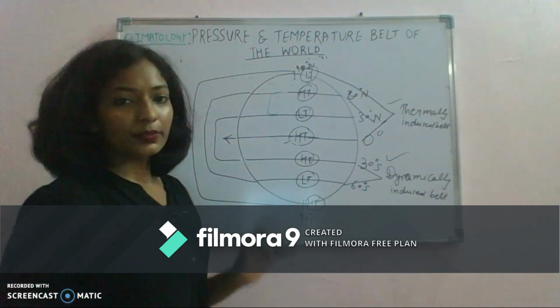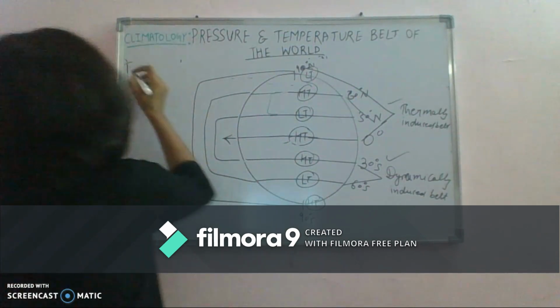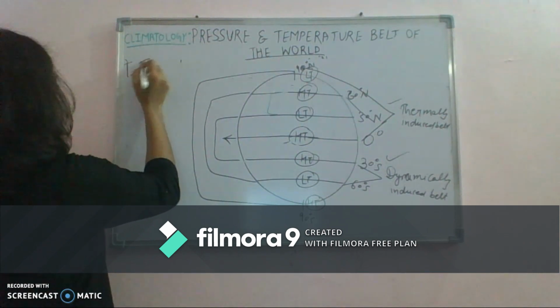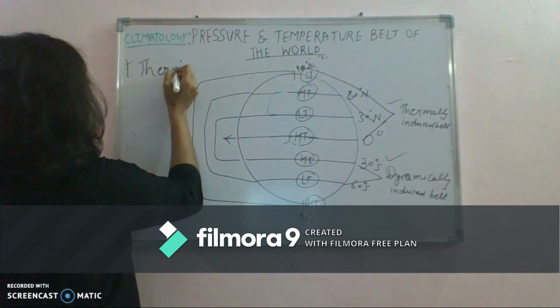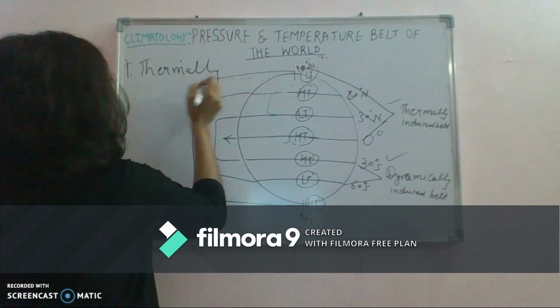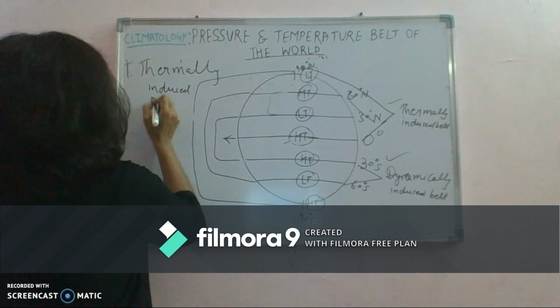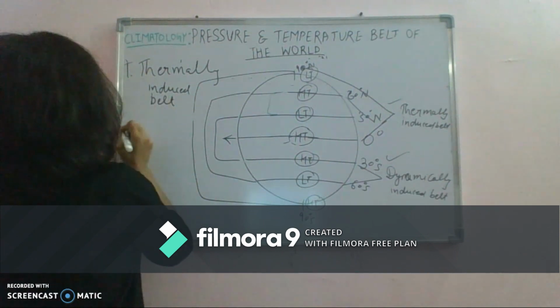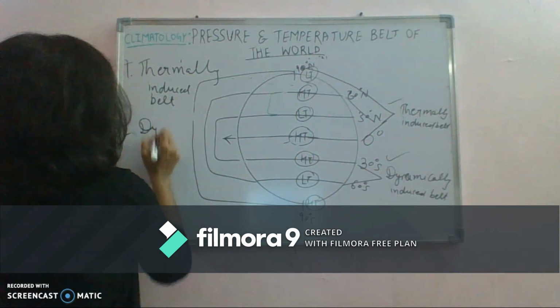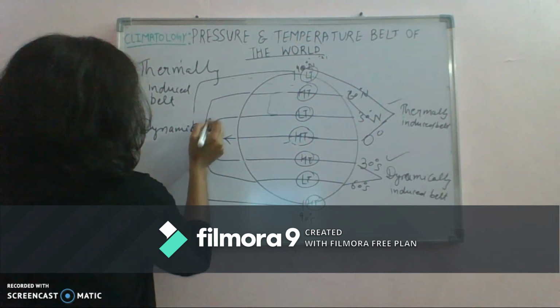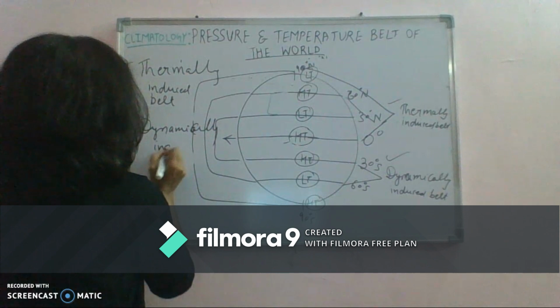So in all, on the basis of genesis, there are 2 types of pressure belts. One is known as thermally induced, the second is dynamically induced belt.